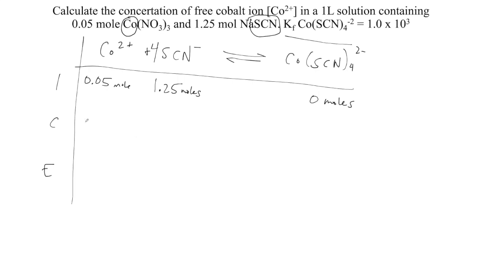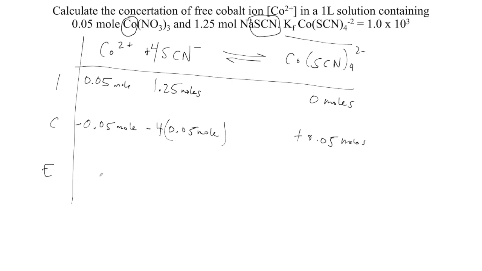So that's going to determine how much product we get. So we'll subtract 0.05, and this will be times 4 because we have 4 stoichiometric equivalents of isocyanate, and then we will add 0.5 moles as our product.